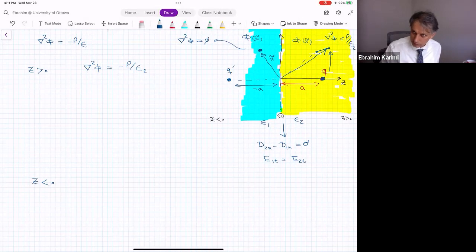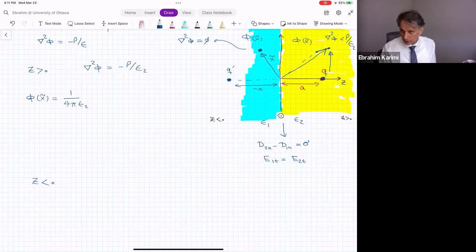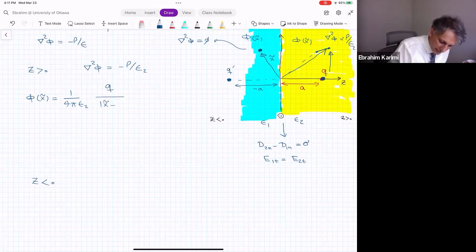All right, because that's what matters. So for this region, the potential at any given place of x is given by 1 divided by 4 pi epsilon 2. Is that correct? The charge, which is q, divided by x minus, I call the first charge x0. Okay, so that is the place of these, which is x0.